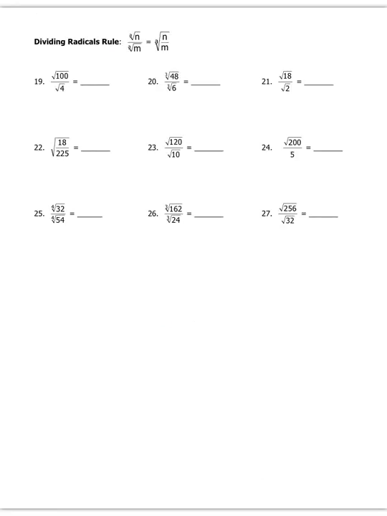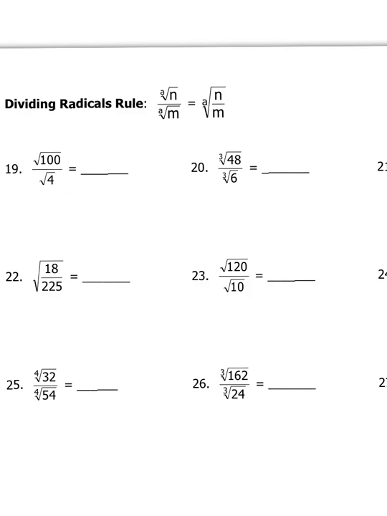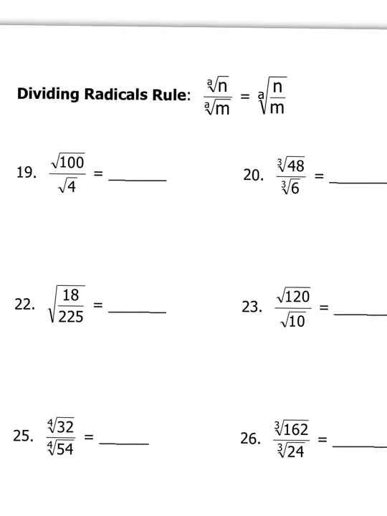On the back side, we are doing a very similar rule with division. Division and multiplication are very similar in that we need like indexes. If we have the same index, you can combine two different radicals together to form one giant radical.